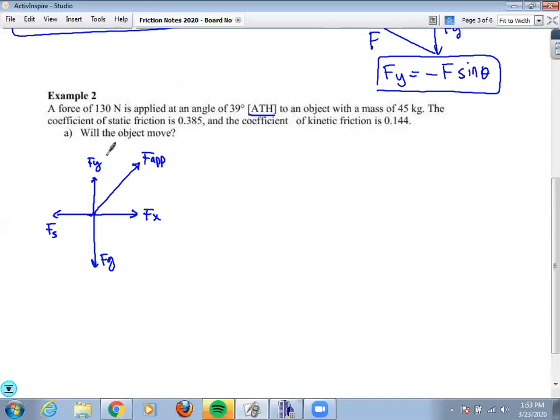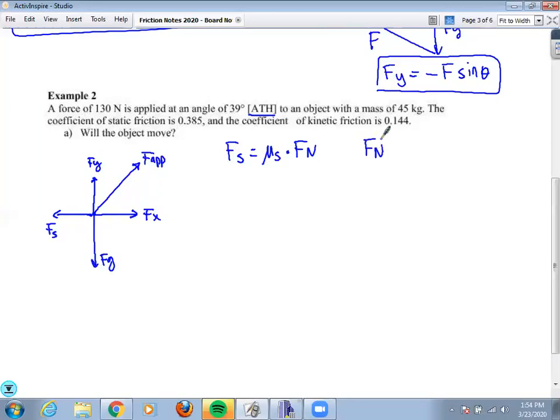That is a bit of a busy free body diagram, but we'll work with this. The first thing we're going to do is deal with the vertical components to figure out what friction is going to be. So we're going to find Fs first. And Fs, remember, is equal to mu s times normal force. I'm not writing mg because normal force is going to be different because we have Fy going up. So we have to find Fn first.